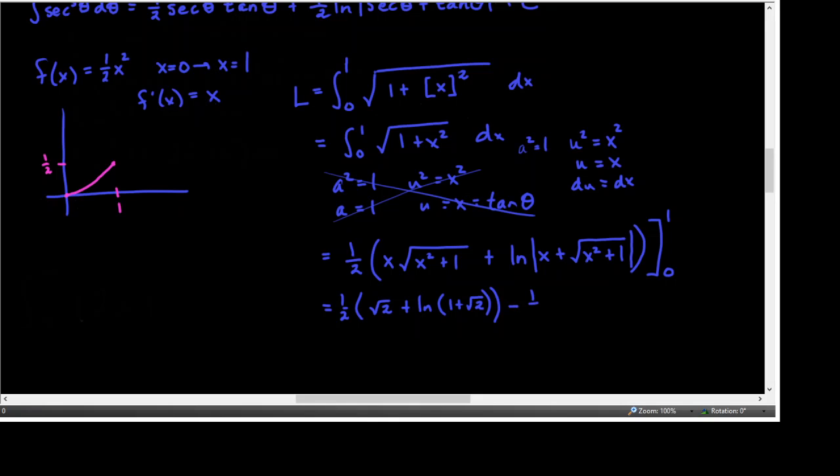Minus 1/2 times 0 times the square root of 0 squared plus 1, which is 1, so 0 times 1 is 0, plus the natural logarithm of 0 plus the square root of 0 squared plus 1, which is 1, 0 plus 1 is 1. And the natural log of 1 is 0, so that whole back part is 0. So we get square root of 2 over 2 plus 1/2 the natural logarithm of 1 plus square root of 2 as our final answer.